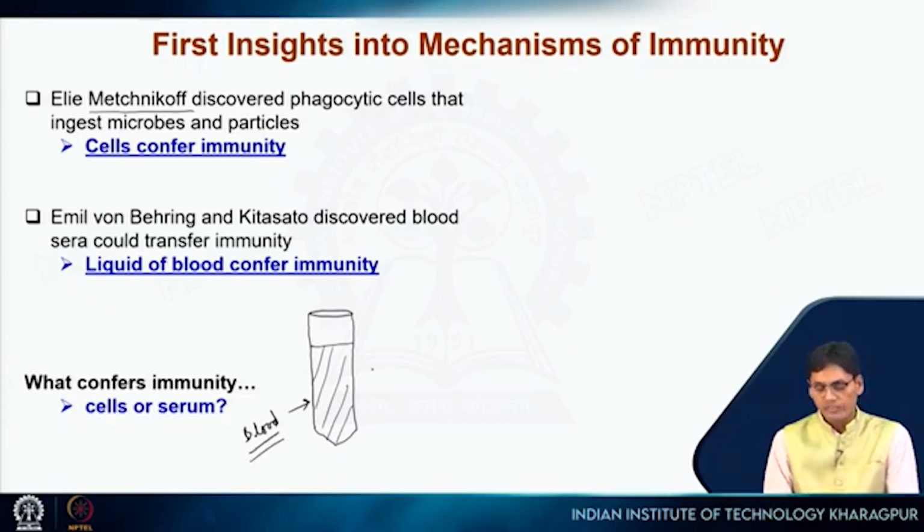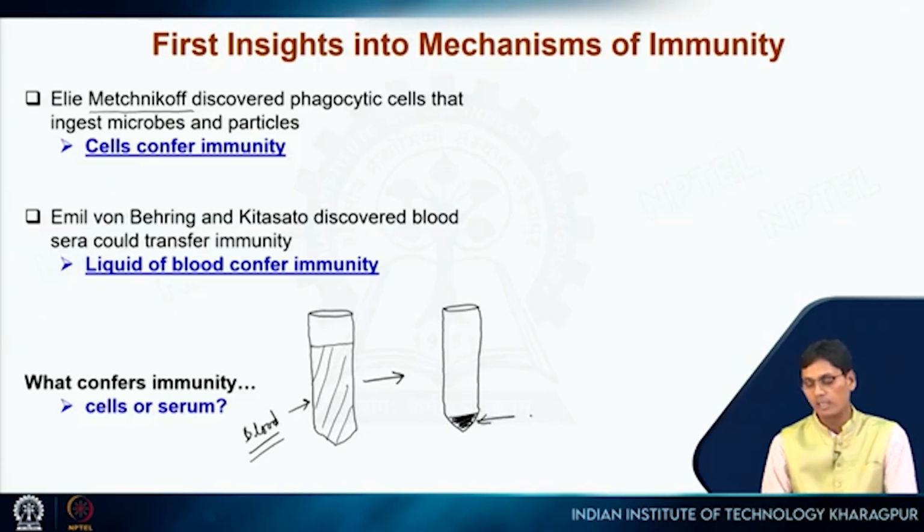Now, if you centrifuge this tube at a proper speed, what will happen? You will see that some cells are at the bottom. These cells are much heavier, and this is our RBC, red blood cells. And then it's all liquid, right? So here you have the solution.